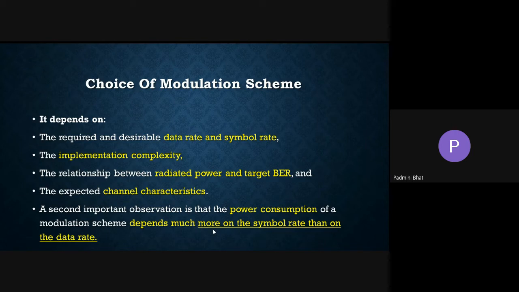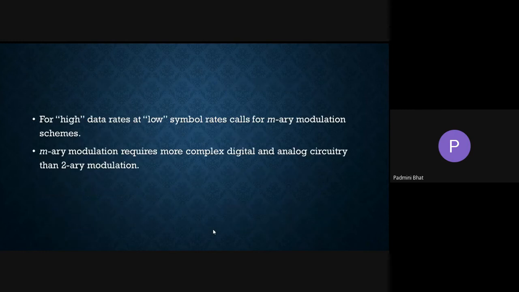So if symbol rate is higher, my power consumption is more. If symbol rate is equal to data rate, then my power consumption is less. For high data rates at low symbol rate, we use M-ary, where M is any number in powers of 2: 2-ary, 4-ary, 8-ary, 16-ary. So like that we have modulation schemes. M-ary requires more complex digital and analog circuitry than 2-ary modulation. 2-ary is nothing but BPSK.